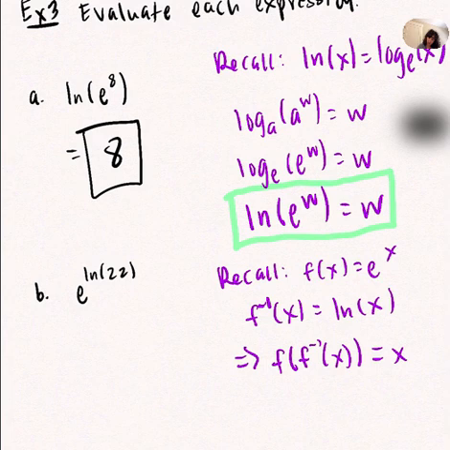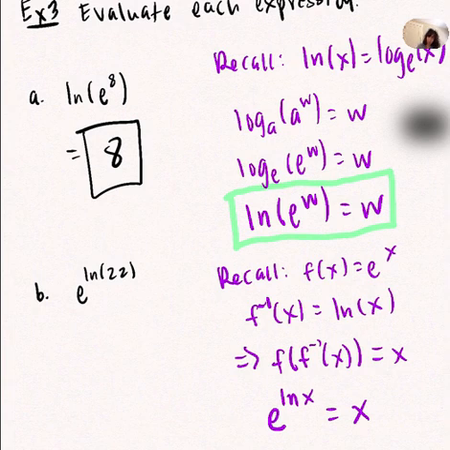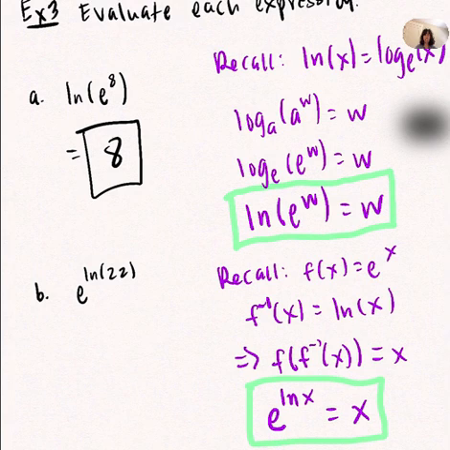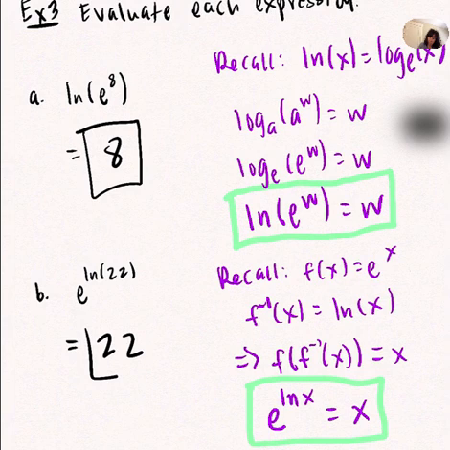So this here is a property of e and natural log. In other words, if I ever want to find e to the ln of a number, what comes out is just that number in the exponent. And this is true because e and ln are inverse functions of each other.